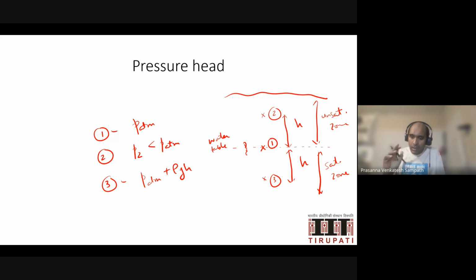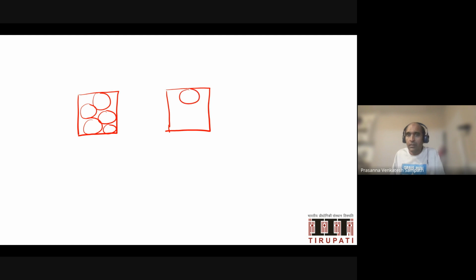Okay, I'm going to try to explain this by taking two examples. Now, let us consider two samples of soil. Okay, so I have, let's say, some soil particles. Again, I'm just drawing quickly.